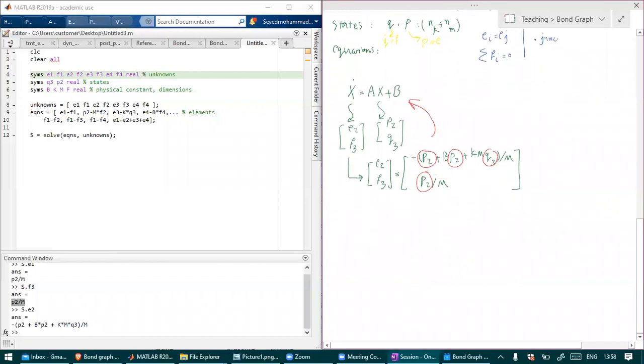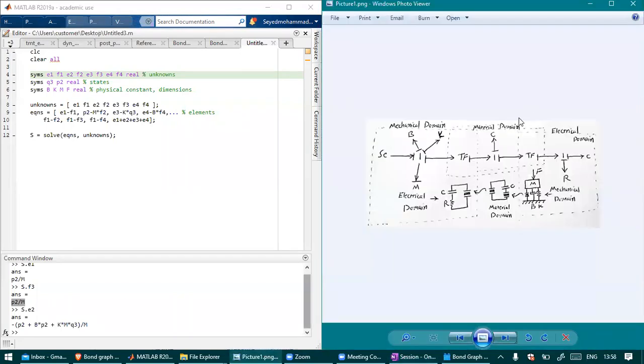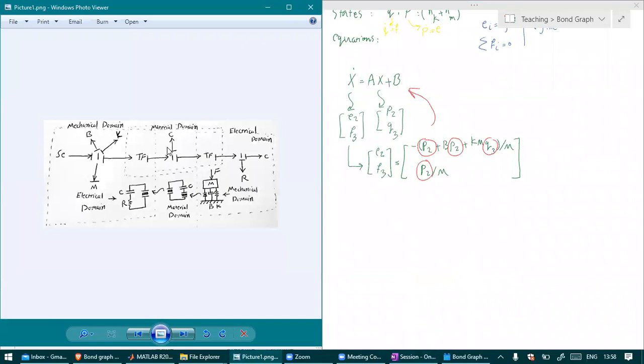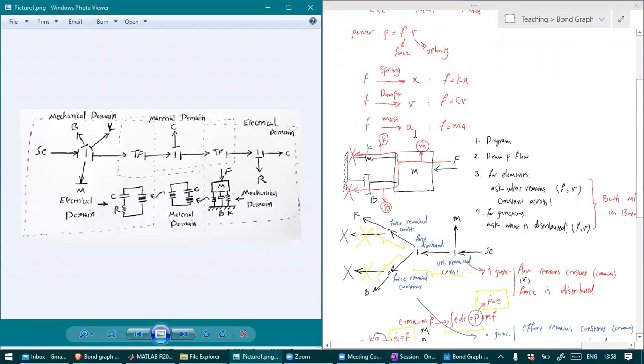Okay, but now let me give you an example about piezoelectric material, and how it can be done via bond graph. Trish, if you have time, I can actually solve a more complex mechanical system.